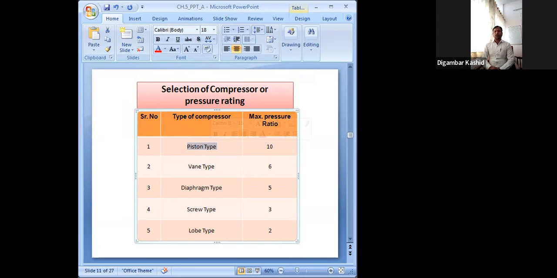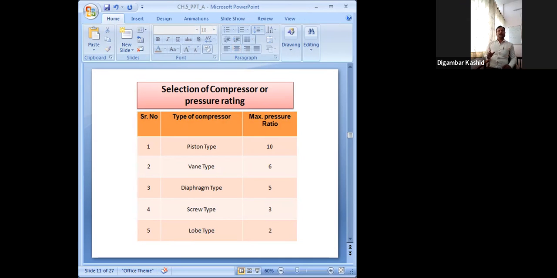If the requirement is a pressure ratio of 6, then you can go for the vane type. If it is 5, then you can select the diaphragm type. Then for the screw type, the value of the pressure ratio is only 3. And if less than that, that means 2, then you can go for the scroll type compressor.